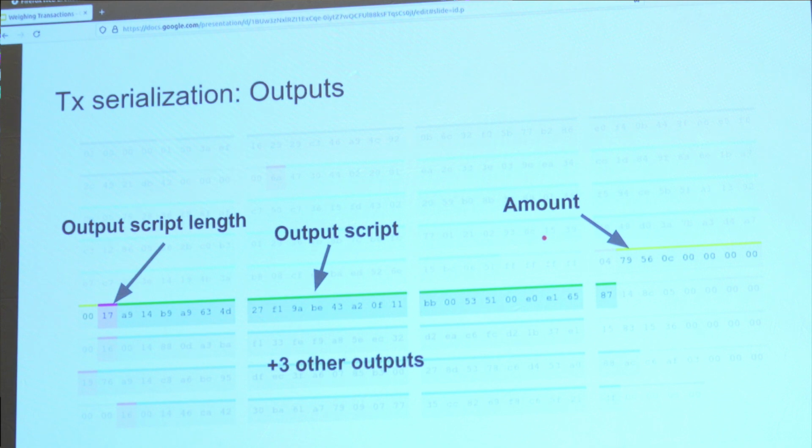Yeah, it's a hash160, and I'll get to that later. I have a slide on all the different scripts for all the output types if we get there. But what you see here is an amount, the length of the output script. The output script encodes the rules under which the money can be spent, and then 3 more times because there's 4 outputs on this transaction.